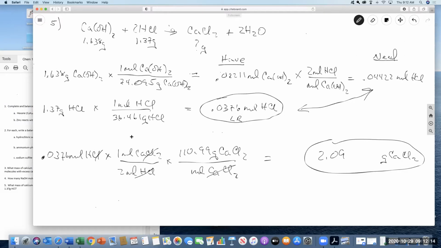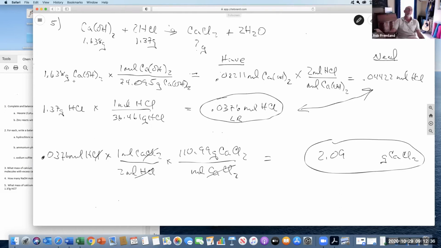I mean, for example, the molar mass of H2 is, I think, 0.1. Oh, so for molar masses, you should carry them one more digit than you're going to need. You can carry them out pretty far. I think most periodic tables give you 2 decimal places. So carry molar masses to at least 2 decimal places.